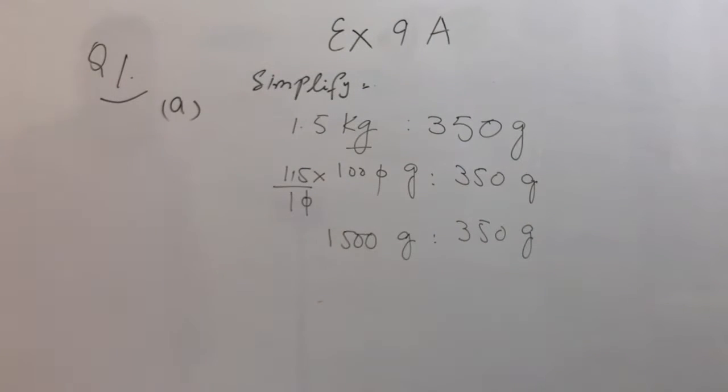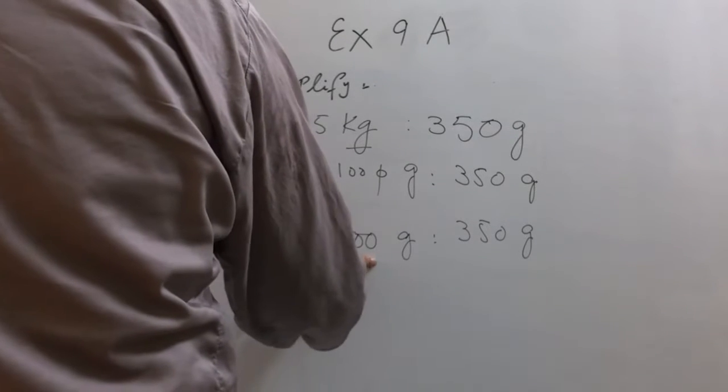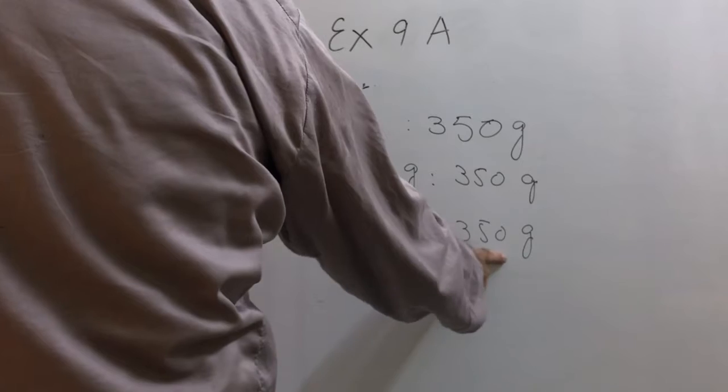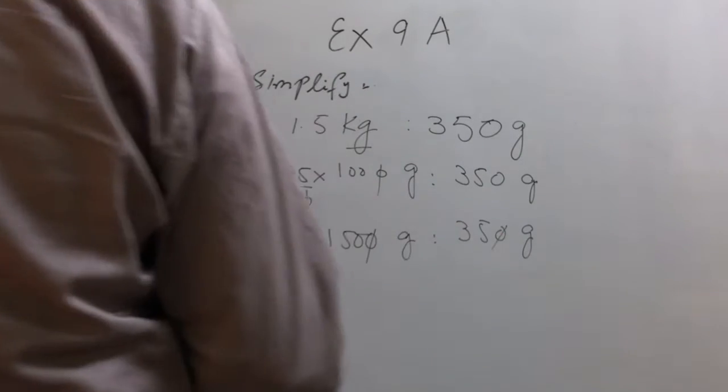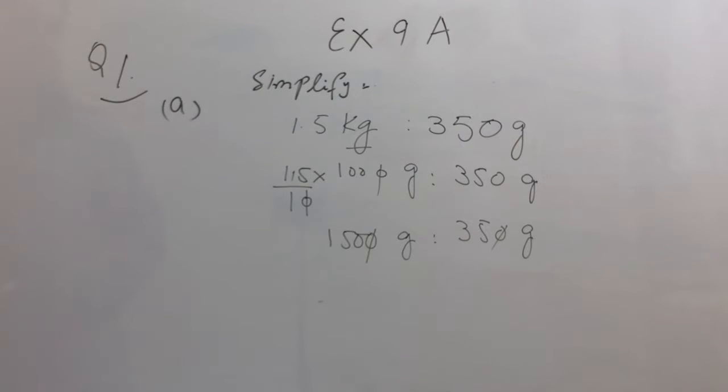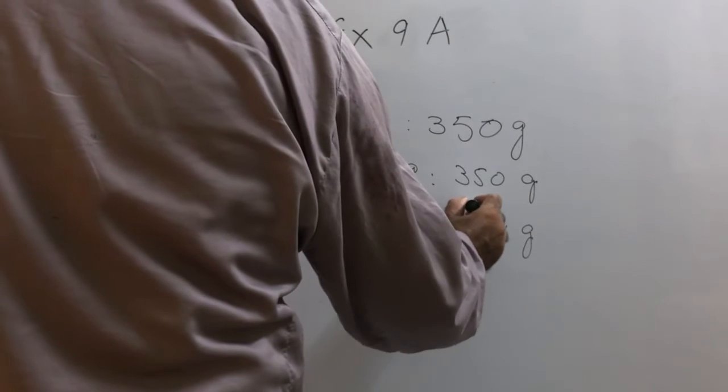Now we will be simplifying these two numbers, 1500 and 350. It is actually 1500 ratio 350. If we divide this side with 10 and also this side with 10, then this 0 goes with this. Then if we divide both sides with 5, 5 sevens are 35.